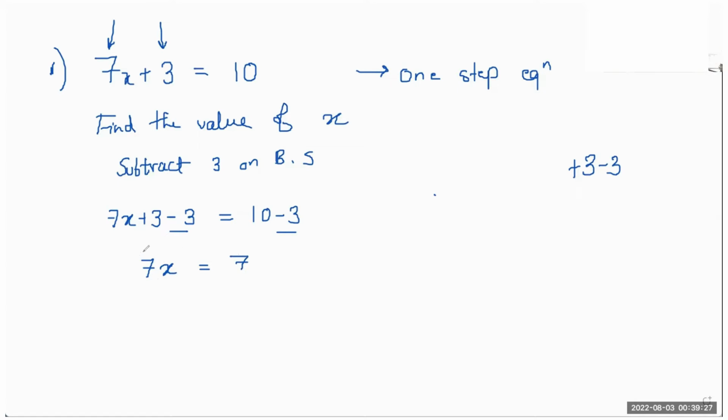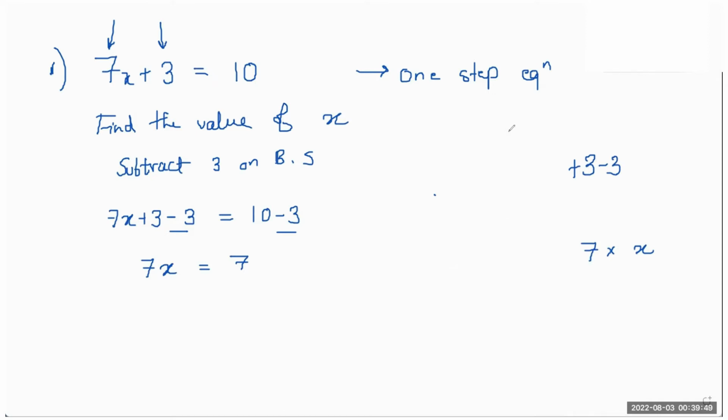Now what is stopping me from finding x? The 7, right? So 7x is nothing but 7 into x. How can I get rid of this 7 into x? You subtract 7 on both sides? No, you can't do that. You have to look at the inverse operation.